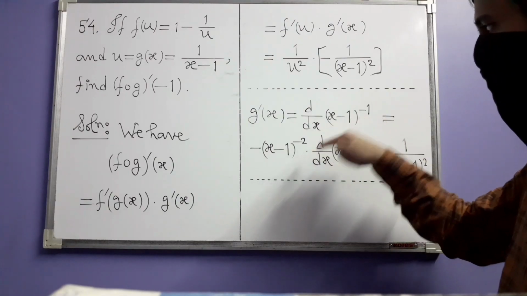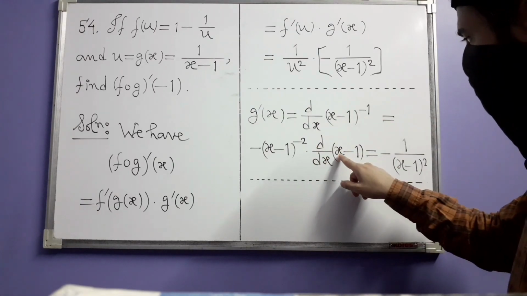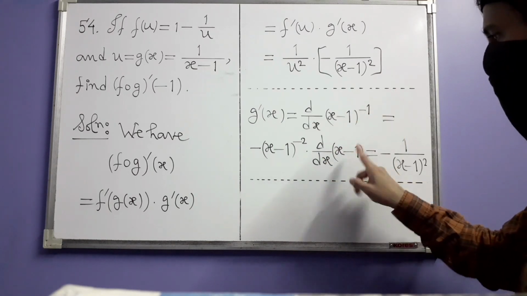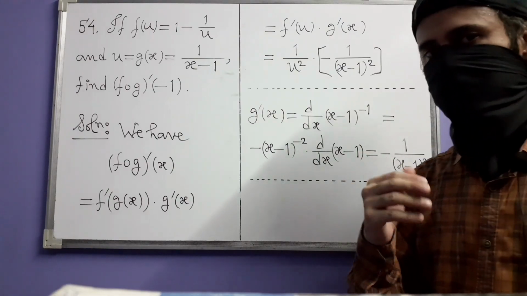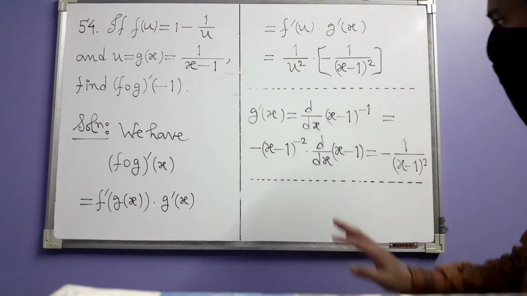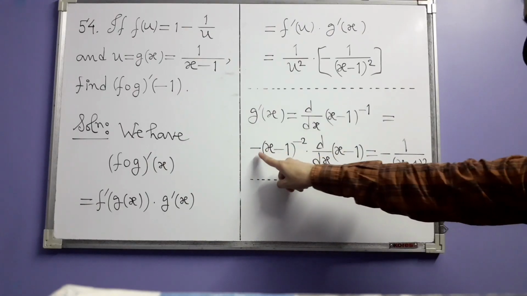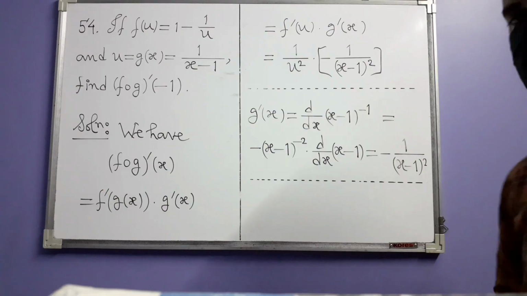But then you have to multiply that with the derivative of the inner room. Now if you differentiate x, you get 1. Differentiating 1, you get 0. So that means the inner room actually does not contribute anything ultimately. And you are just left with this, which you can write as a fraction, minus 1 divided by x minus 1 square. So that is how this is coming.